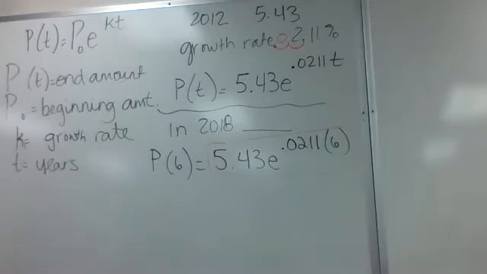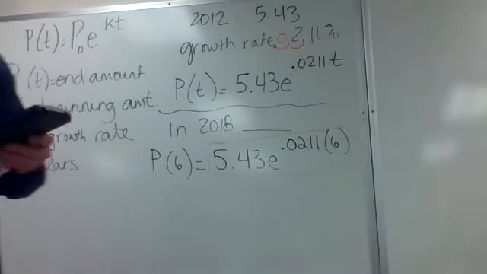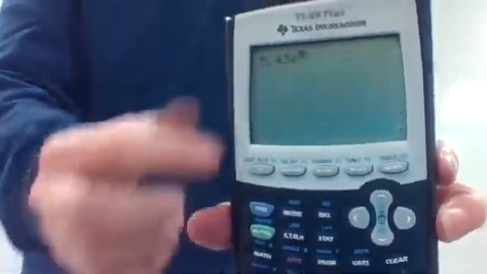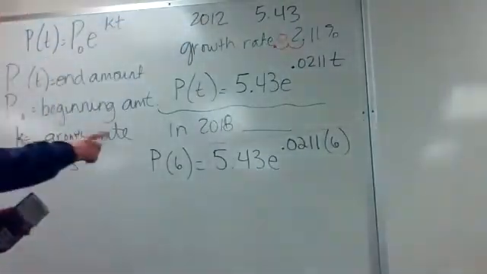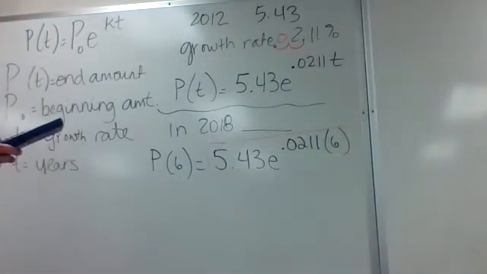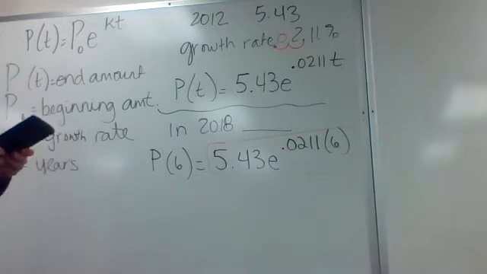So 5.43 e, and remember where your e is. You'll hit your second button and then your LN button to get to e. It goes right up into your exponent, and in your exponent you put 0.0211, open parentheses 6, close.